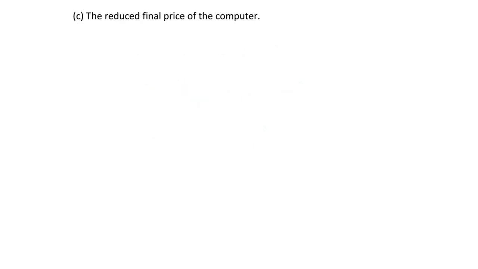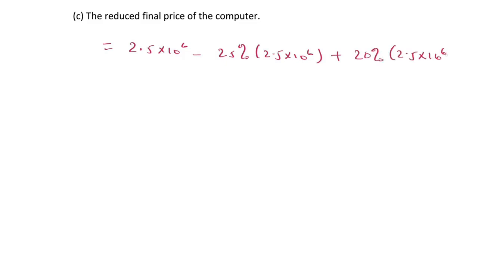For part C, we are supposed to calculate the reduced final price of the computer. Okay, so for this one, we are going to take 2.5 million minus 25% of 2.5 million as a discount plus 20% of 2.5 million as VAT. So let us take the values.